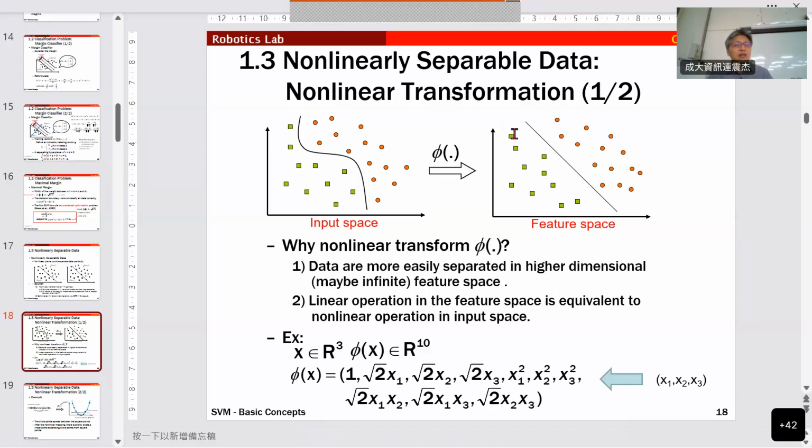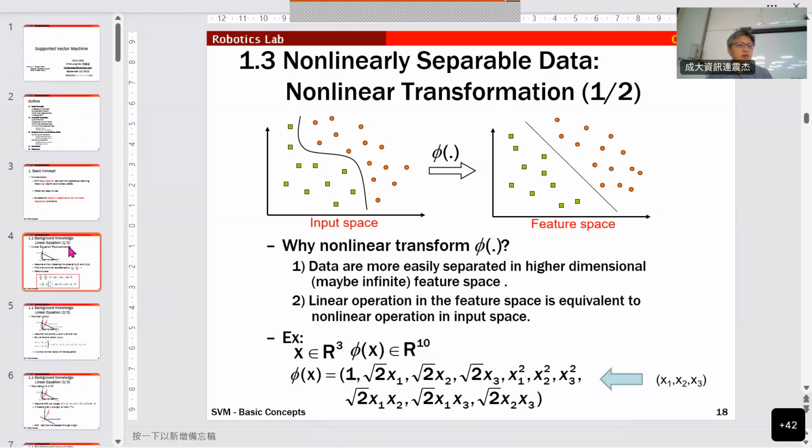In the higher dimension, we can use a linear discrimination to separate both classes, as in SVM. So the purpose is to find this kernel function.